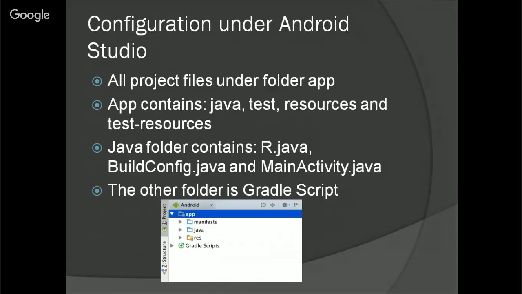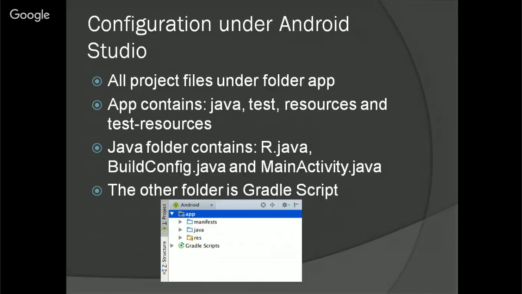In the Java folder, you will find R.java, which is the resources file, which contains the auto-generated code generated by your IDEs. The build config and main activity of Java will also be found inside the Java folder.